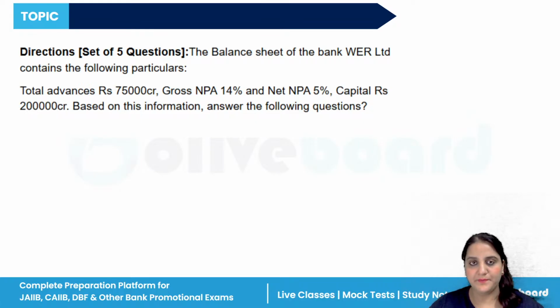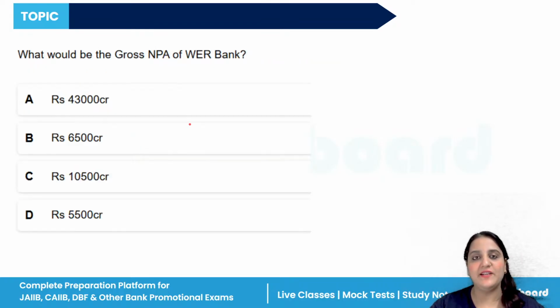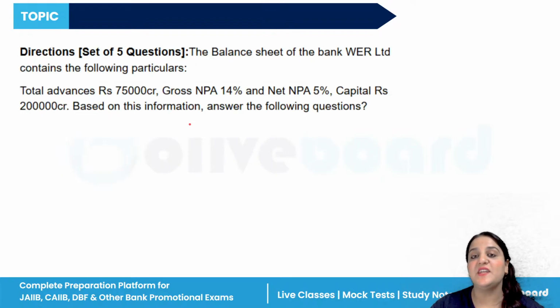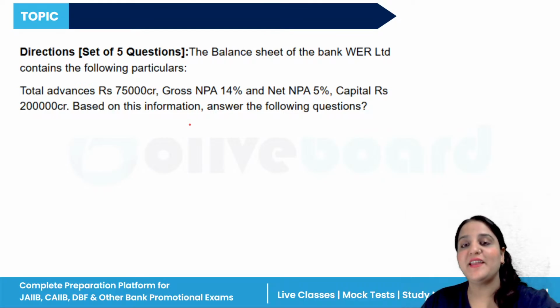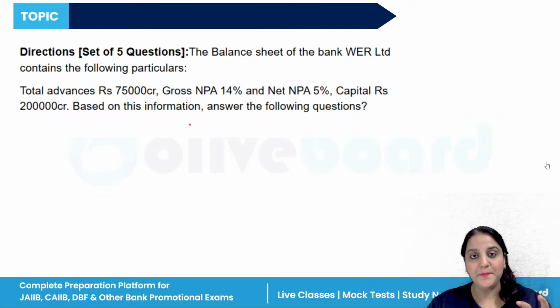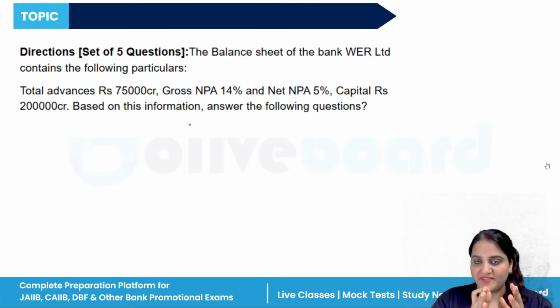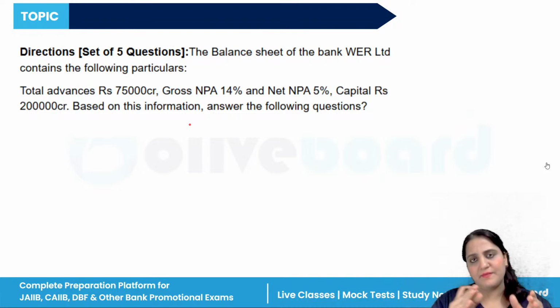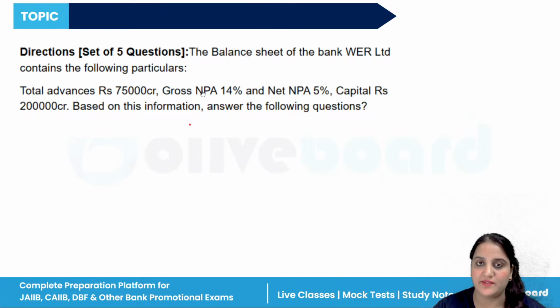Balance sheet is given. Now we have to find the gross NPA. I told you how to calculate the gross NPA. Simple: percentage of gross NPA divided by 100, 14%, and then multiply it by total advances.